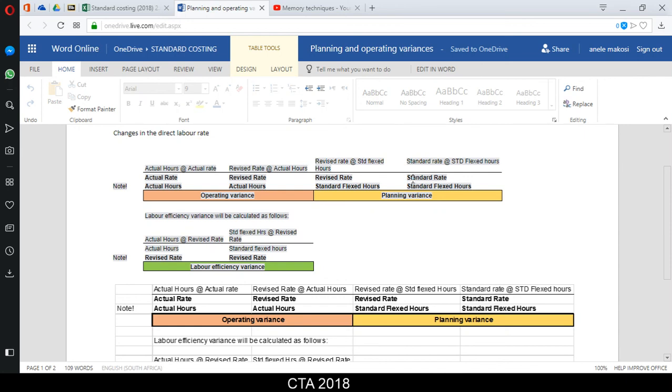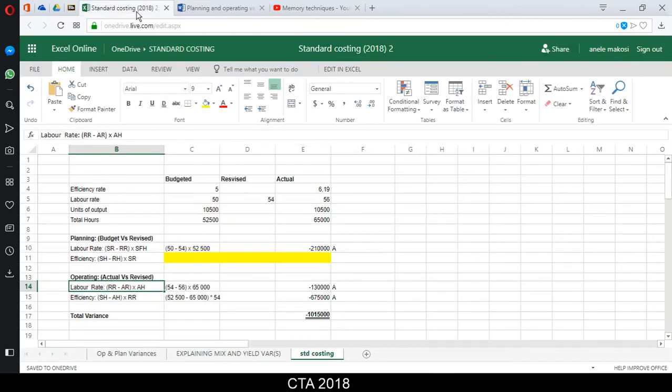If we look at this one, we have a revised rate, we have a standard rate, but the standard flexed hours are common. So it's a rate variance under planning. Now coming here, we have under planning the standard rate minus the revised rate multiplied by the standard flexed hours. So this is a labor rate variance under planning.